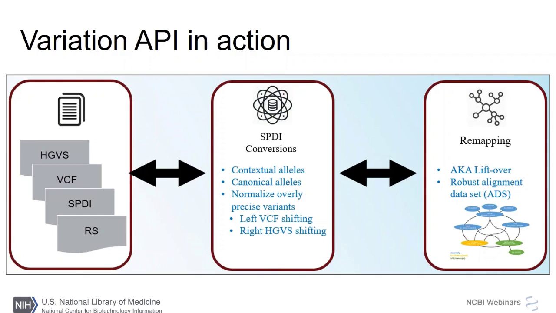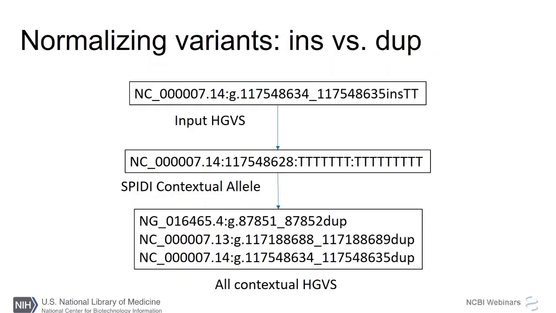You can correct all your problems to make your VCF and your HGVS compliant with sort of the standards. And then you can also remap these using the alignment database system into various genome builds and things like that.